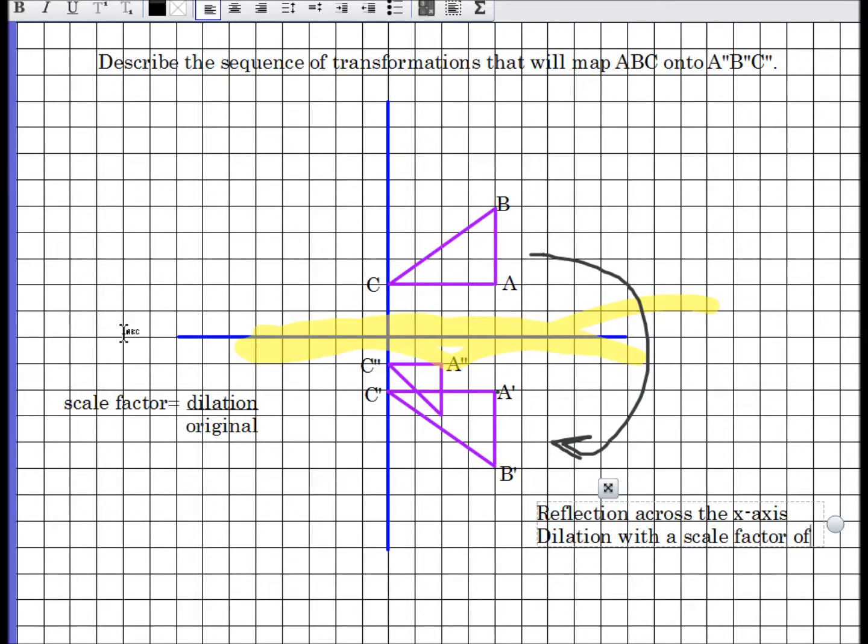Hopefully you said that the scale factor is a fraction because it got smaller. It went from being 4 to being 2. When something gets smaller, it becomes a fraction of what it is.